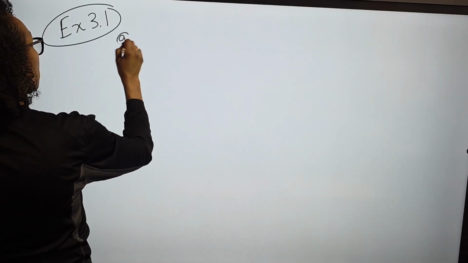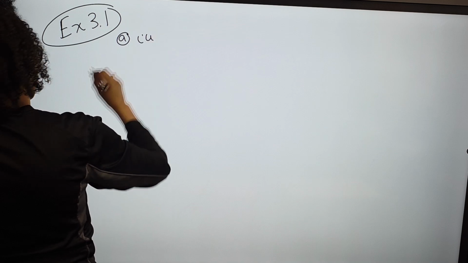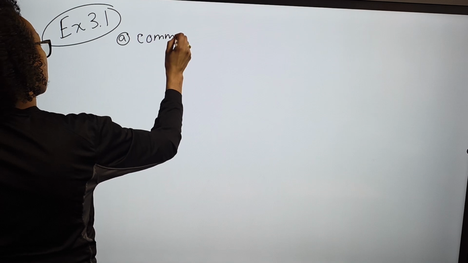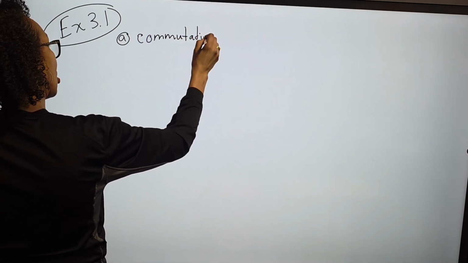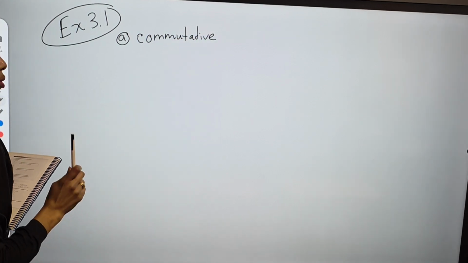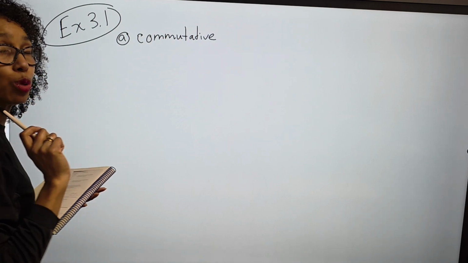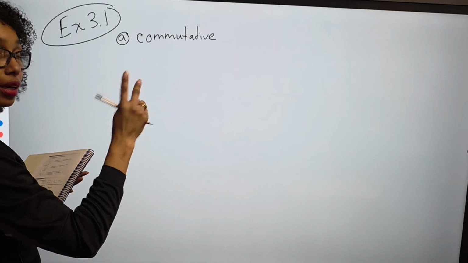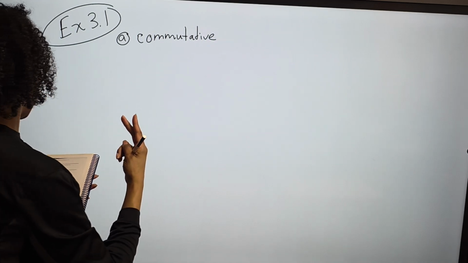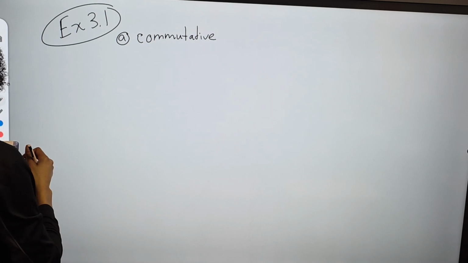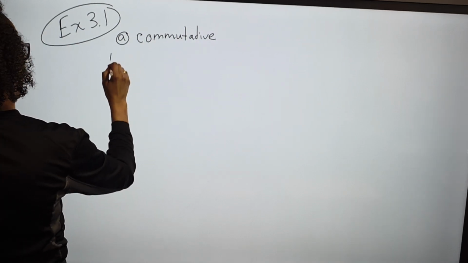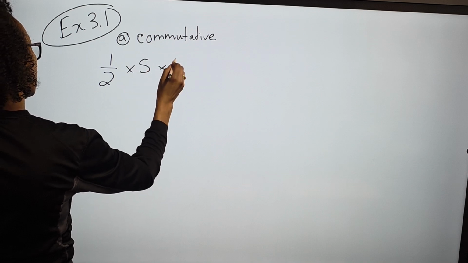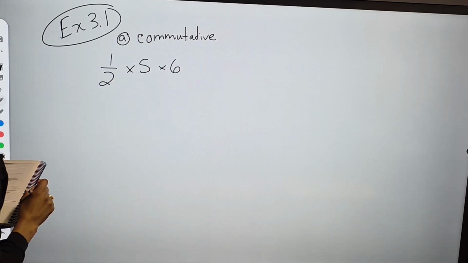The first one says they want us to use the commutative property. And we keep in mind, okay, commutative, that's like commuting. That's the forwards and backwards where I can do them either order and get the same answer. So we've got 1/2 times 5 times 6, okay?